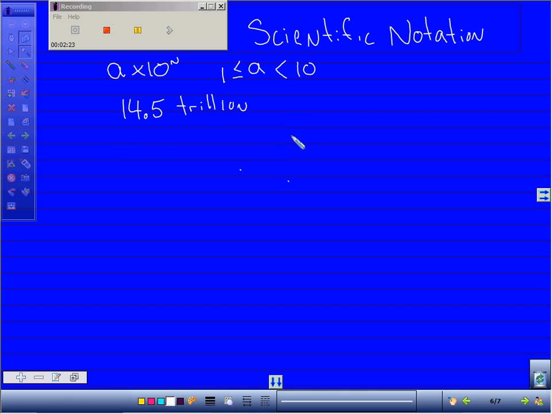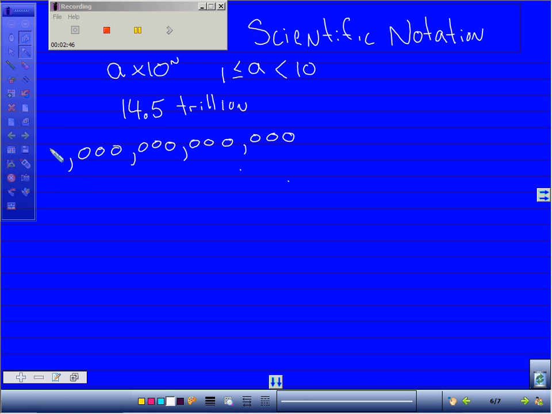But what that means is a million has how many zeros? 6 zeros, right? So that would be a million. This would be a billion over here. It has 9 zeros in the trillion, so a trillion, and then it's 14.5 trillion.